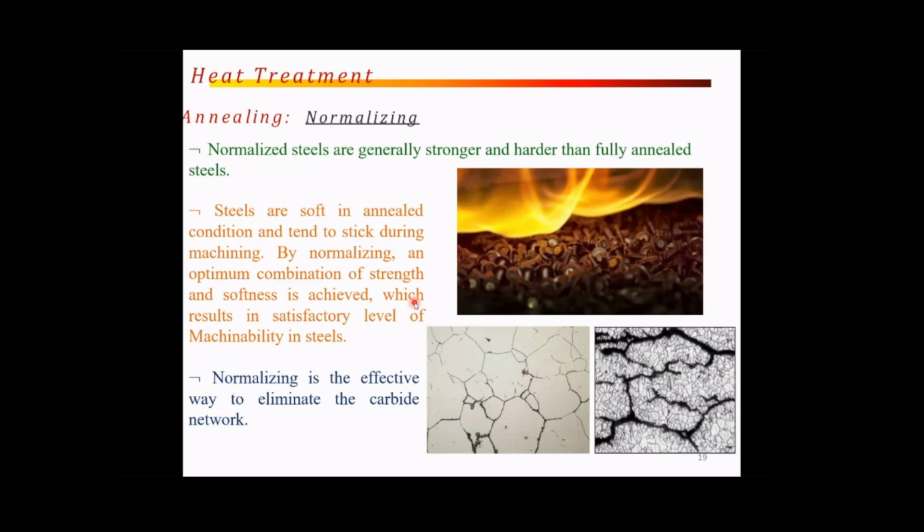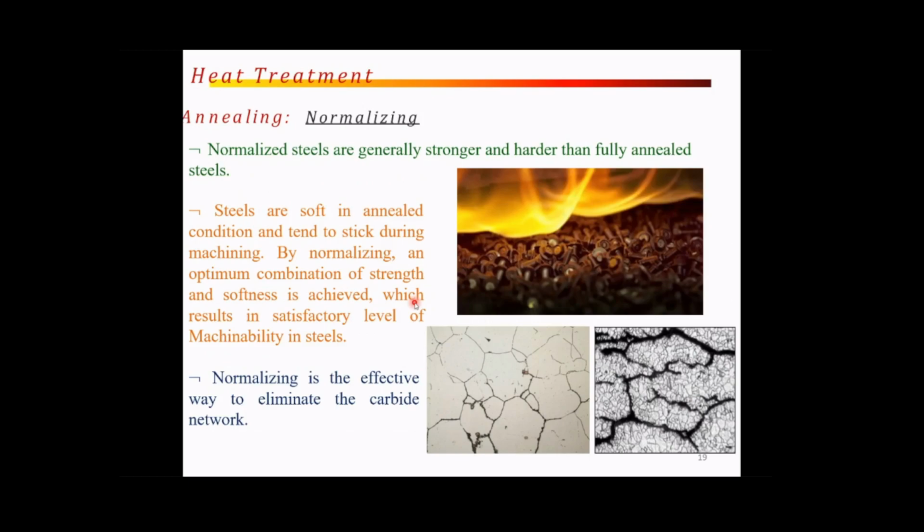So from this diagram, we can see that normalized steels are generally stronger and harder than full annealed steels. Normalizing is an effective way to eliminate the carbide network.